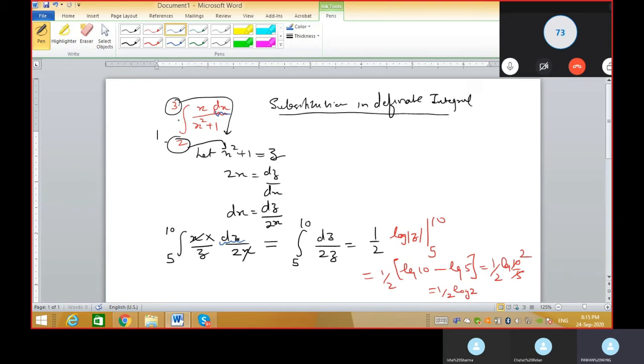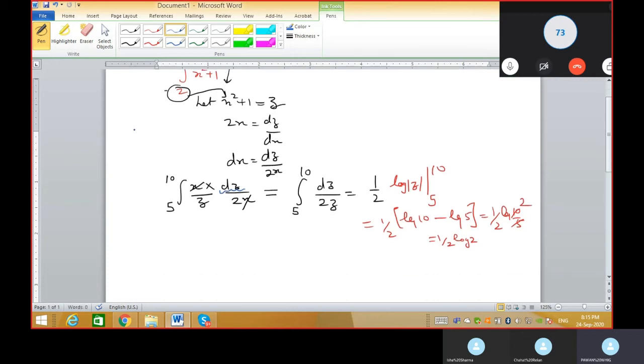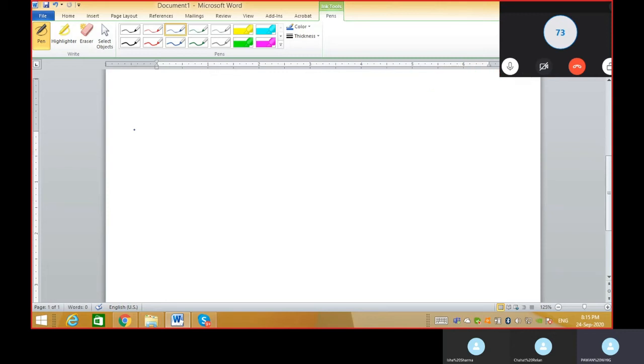You have to convert these values according to z. And how do you do it? You just have to place this value here and calculate the value of z. So once you put 2, your limit gets changed to 5, and when you put 3, your limit gets changed into 10. So this is the common mistake that most students make while solving a definite integral question by substitution. Let me take one more example quickly.